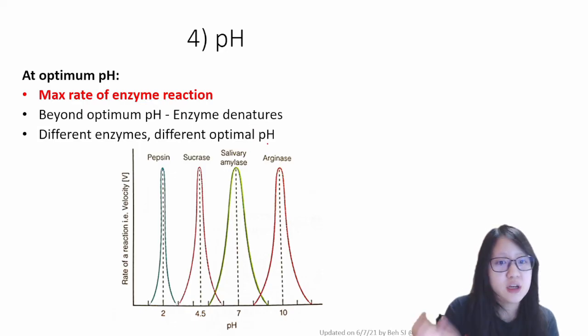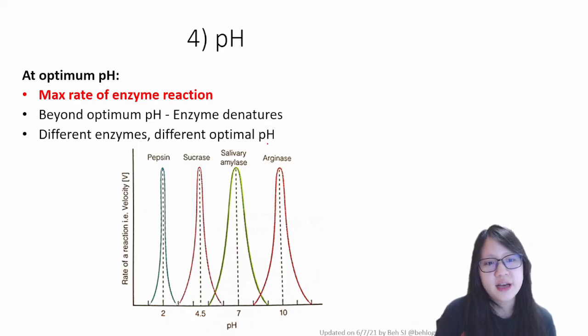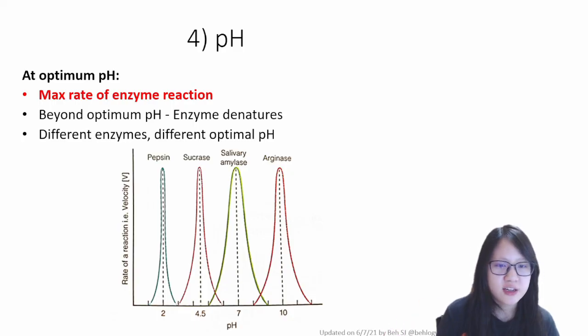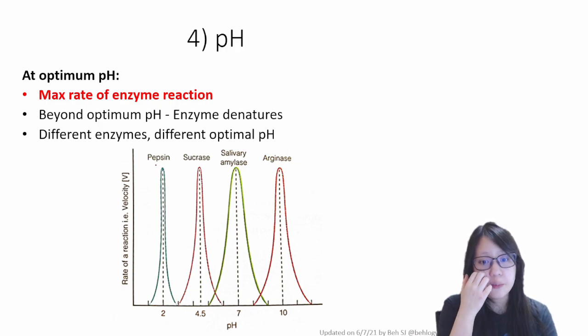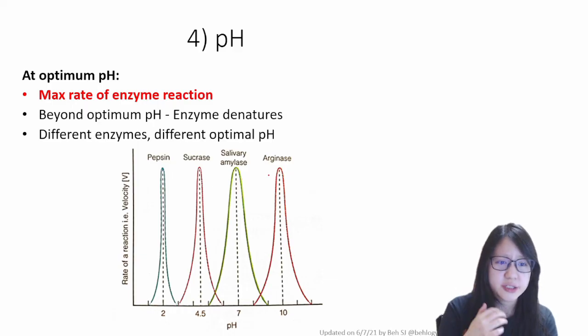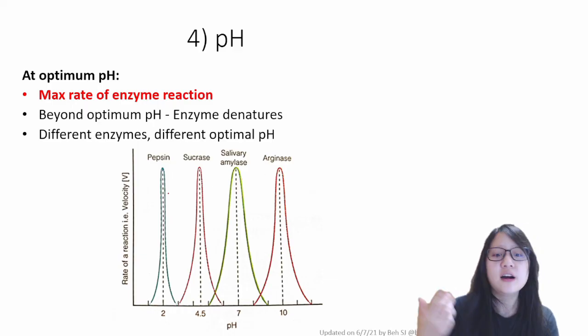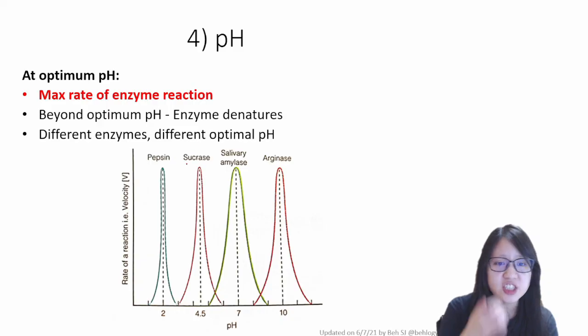Different enzymes in your body have different optimal pH. I think we don't think about this enough. We always think of our body as kind of neutral. And we think all the enzymes in it are neutral, but no. Different parts of your body have different conditions, different pH, and therefore you can see these enzymes here, which are in your body, function at different parts of your digestive system.